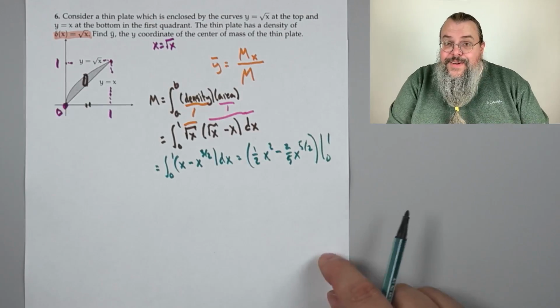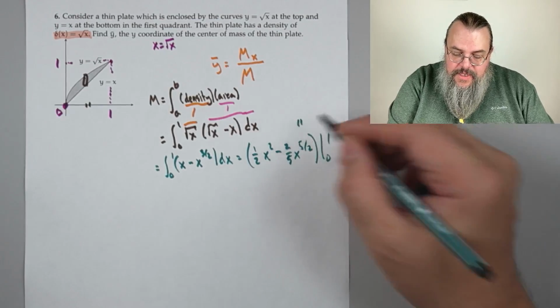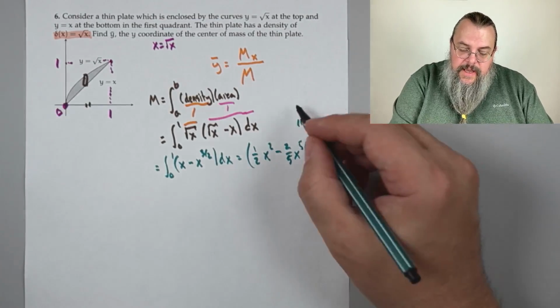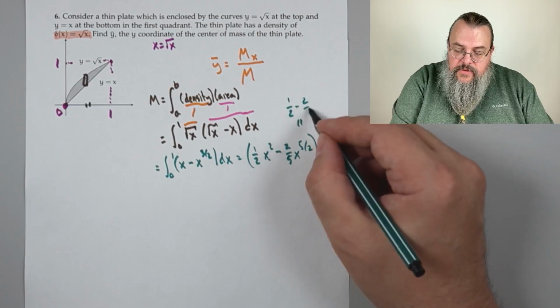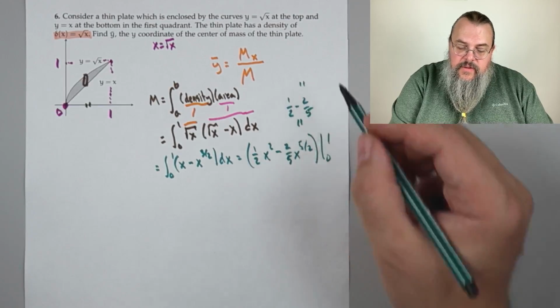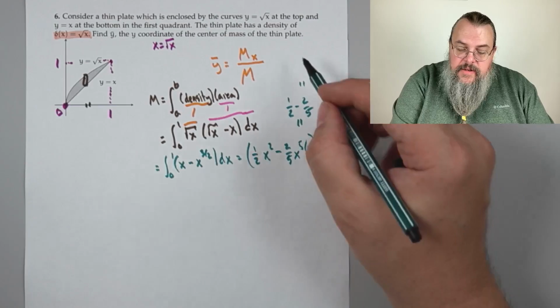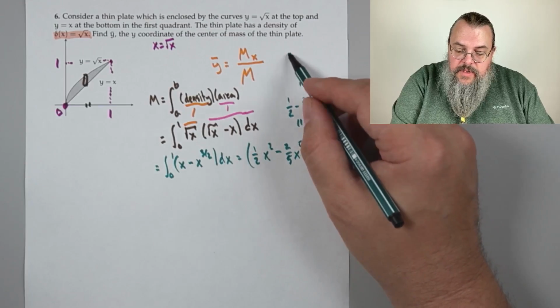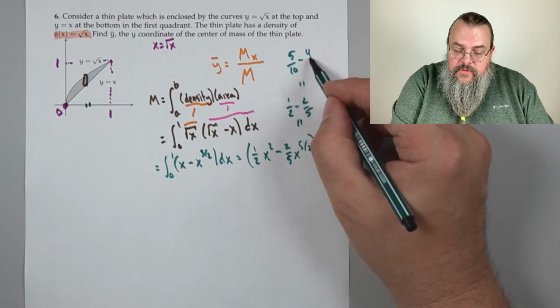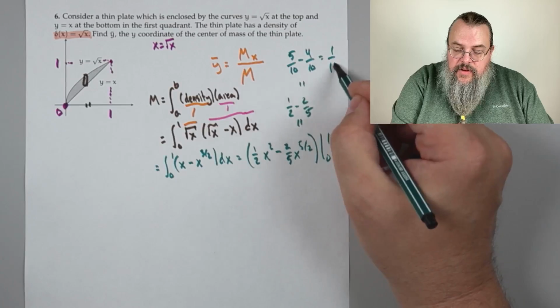Plug in 0, you get 0. So, okay, we'll plug in 1. So we get 1/2 minus 2/5. Common denominator would be 10. That's 5/10 minus 4/10, which is 1/10.